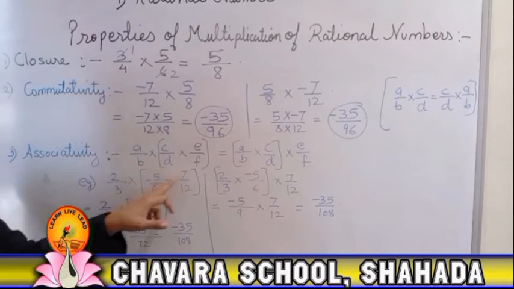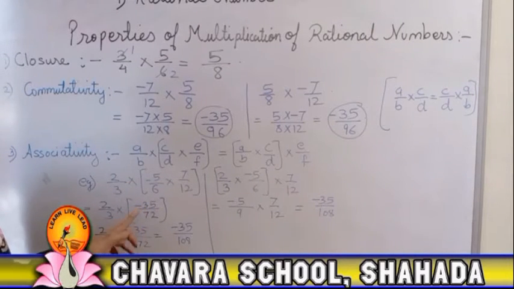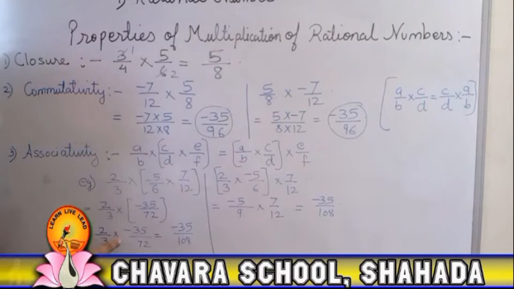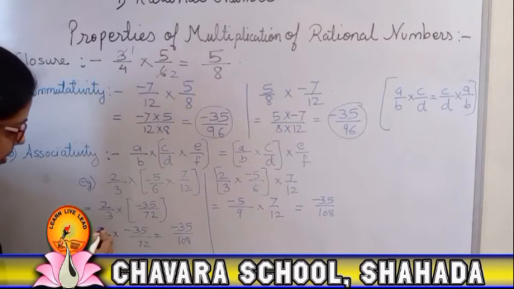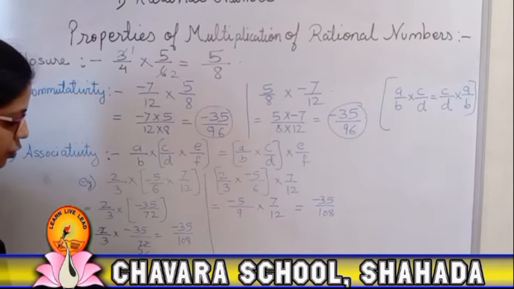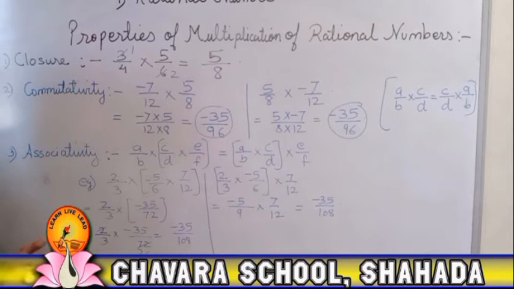So negative 5 7s are negative 35, 6 12s are 72. Then we open this bracket and see whether we can simplify any number. Yes, we can. 2 ones are 2, 2 threes are 6 and 2 6s are 12. Now negative 35 multiplied by 1 is negative 35, and 36 into 3 is 108.